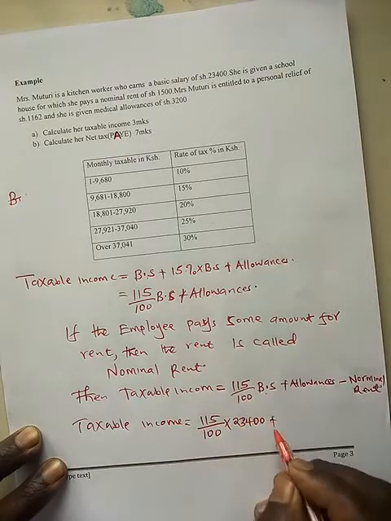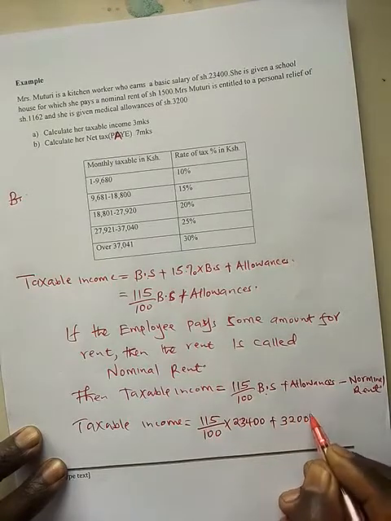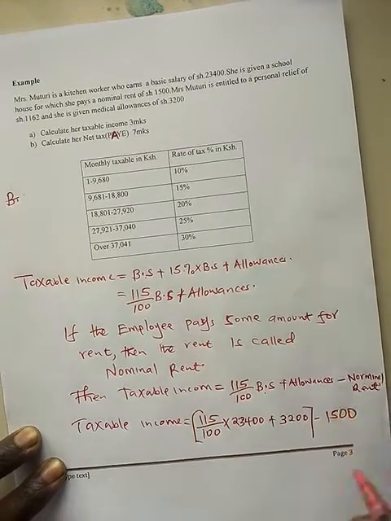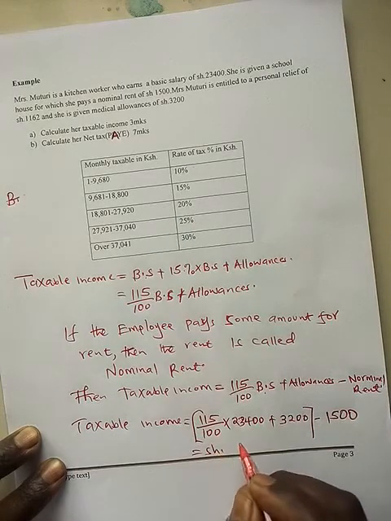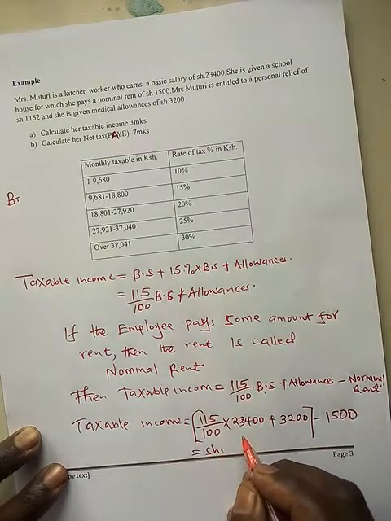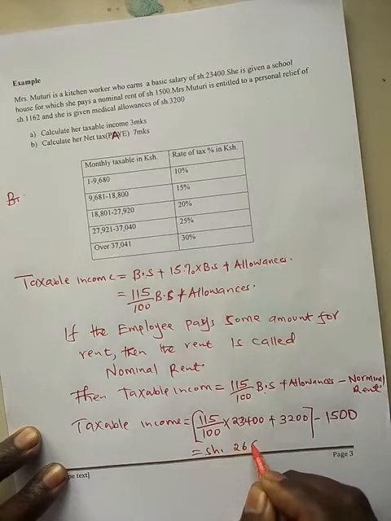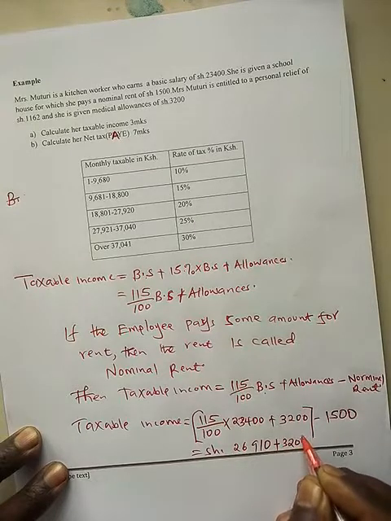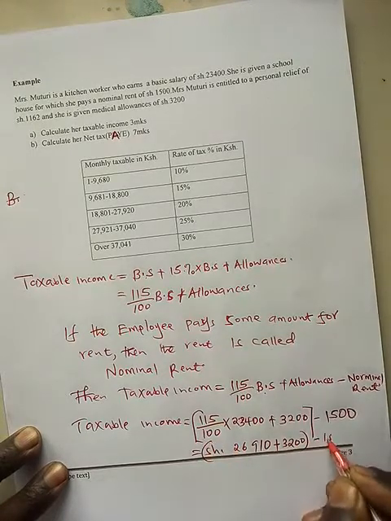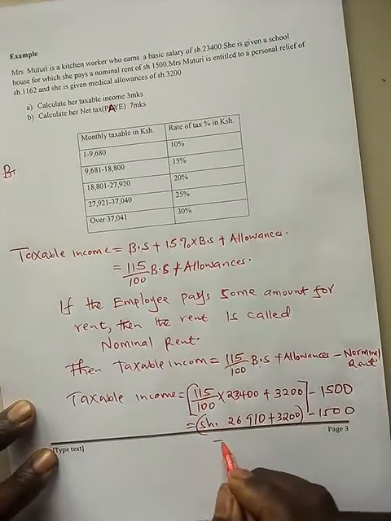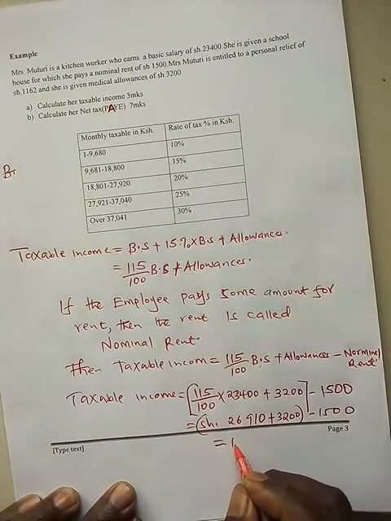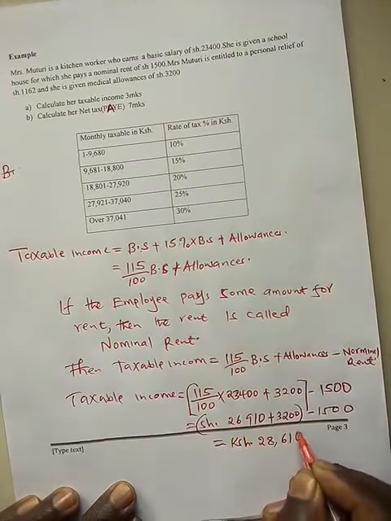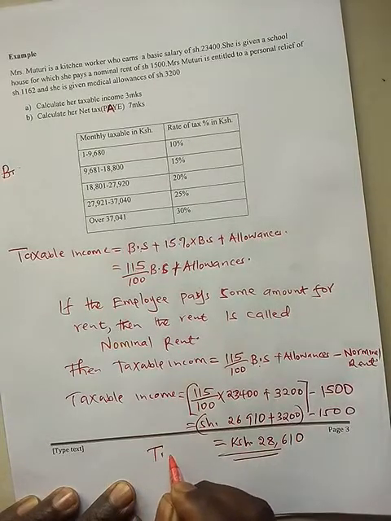That is this, plus allowances equal 3,200, or everything here, minus nominal rent, which is 1,500, which will give us Kenya shillings 26,910 plus 3,200 minus 1,500, which will be equal to Kenya shillings 28,610. And this is what we call taxable income.